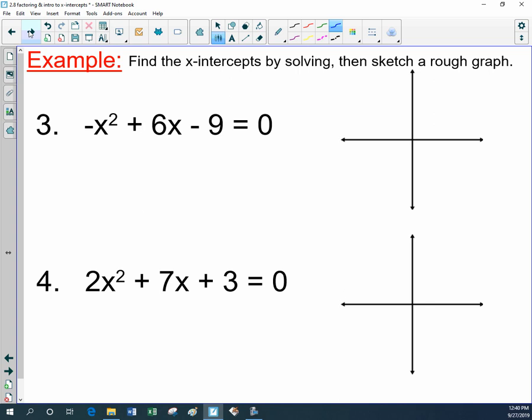Okay, let's look at example 3. So first of all, there's no common factor other than 1. The first term is negative, so I have to factor out a negative. And because the first term is negative, I know that it's going to open down when I graph it. So I'm going to write that up top just to remind me. So it opens down.